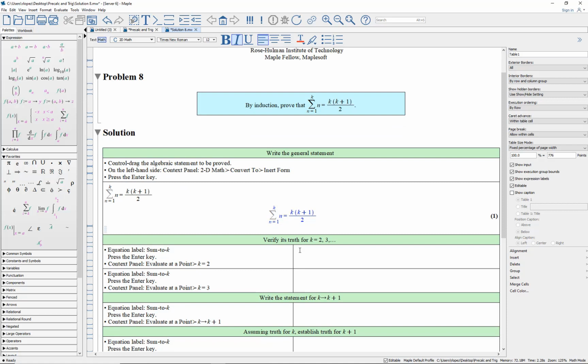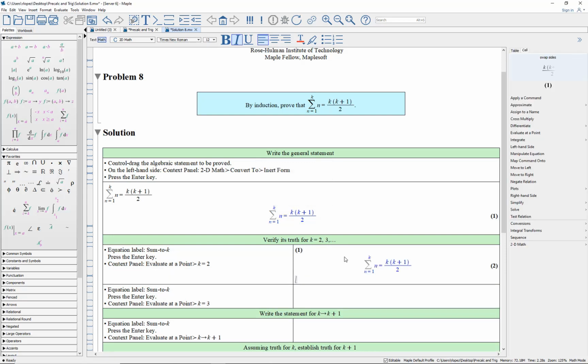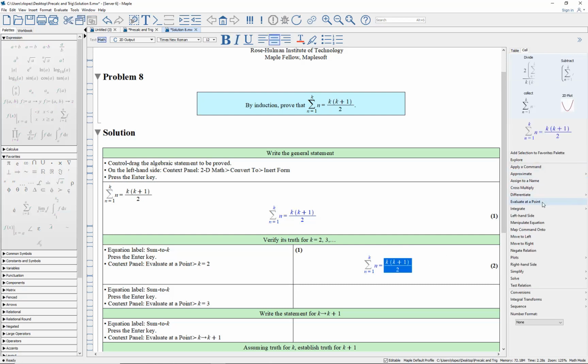For example, we want to check that this is true for a couple of cases. So let's check it for k equals 2 and k equals 3. To do that, Control L, because we're going to use the equation label to reference this thing. Right? And then evaluate at a point and let k be 2.